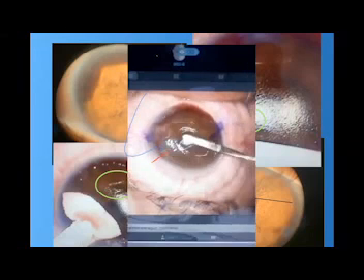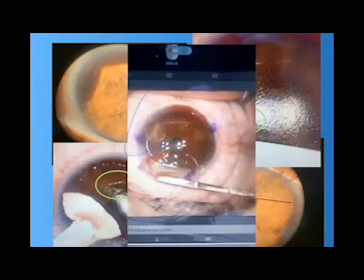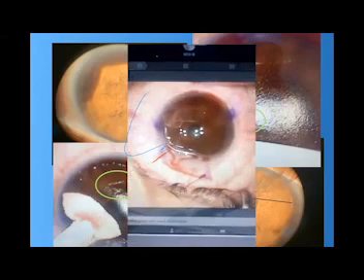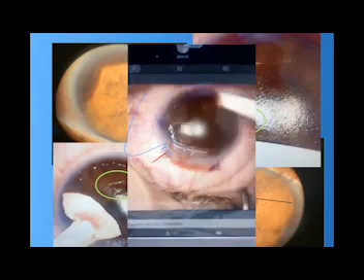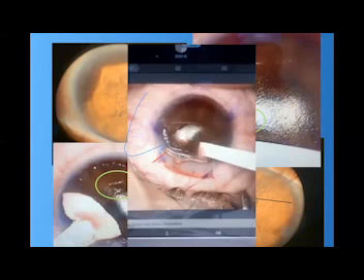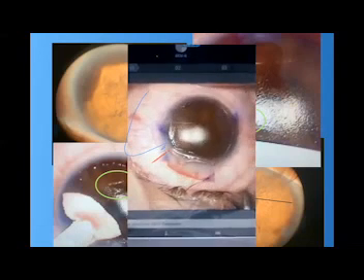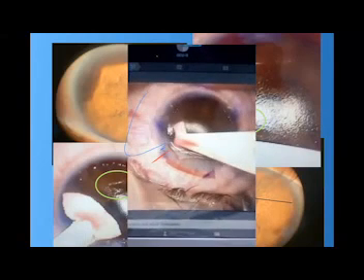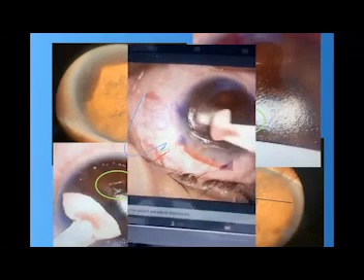I'm removing it now. I'm checking for any attached particles or buttonholes, but there are none. There were no irregularities or any problems with the flap. The flap thickness was planned to be 110 with the X90 microkeratome, because I always like to get a thinner flap, and I was not worried about anything.